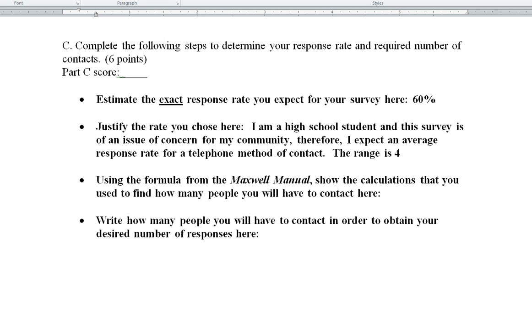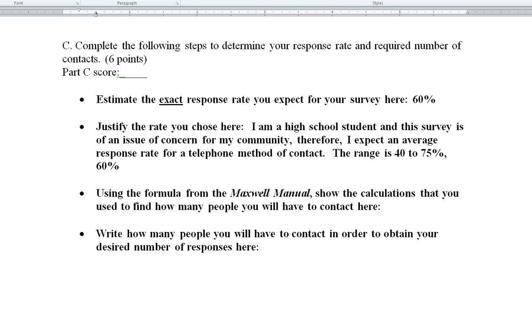The range is 40 to 75%. 60% is a middle range estimate. And as I said, you can add those other reasons that I talked about before.